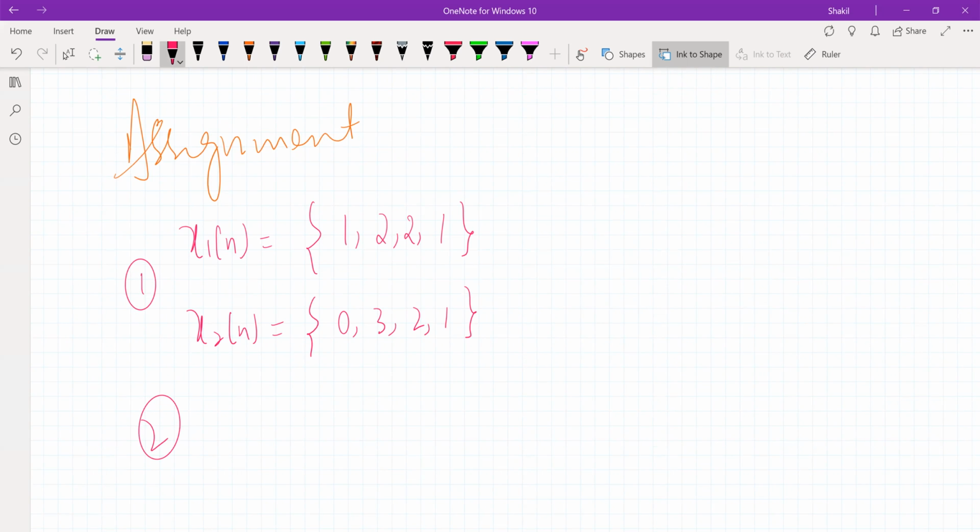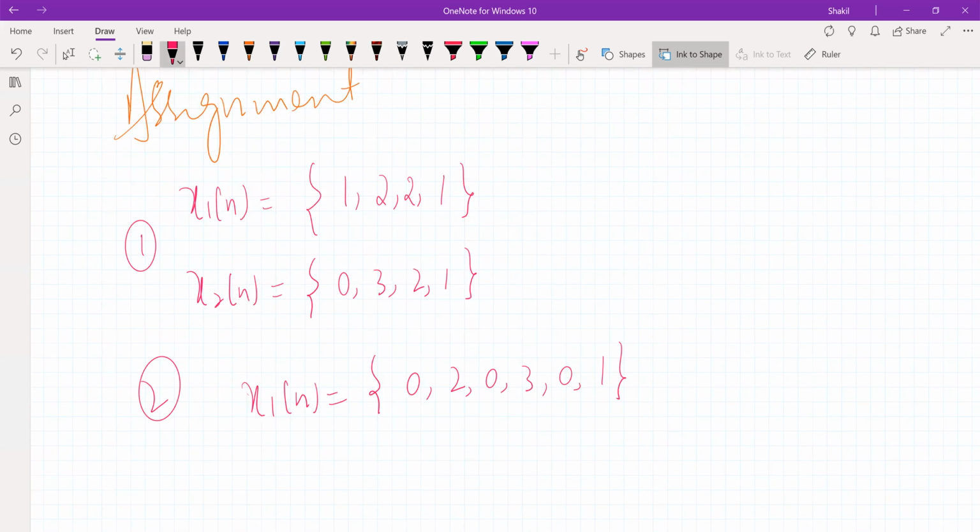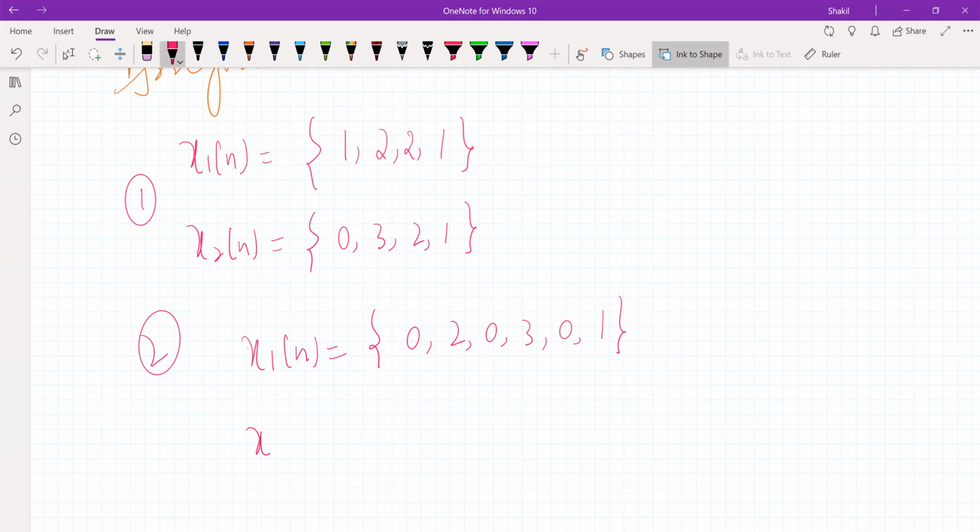The second assignment is x1 of n is 0, 2, 0, 3, 0, 1, and x2 of n is 1, 2, 3, 4. Here you have to find the 6-point circular convolution.